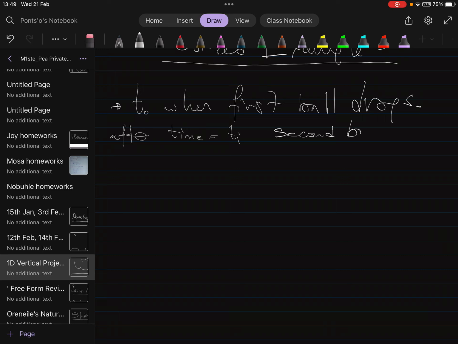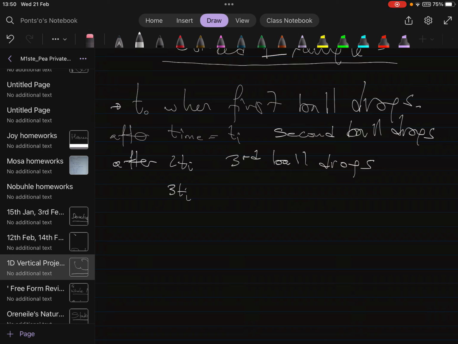First ball drops. Third ball drops, okay.